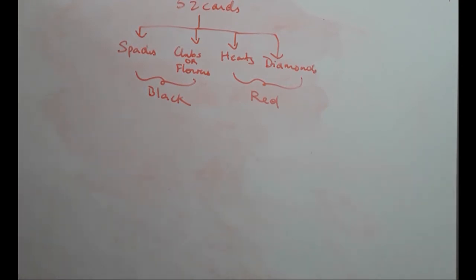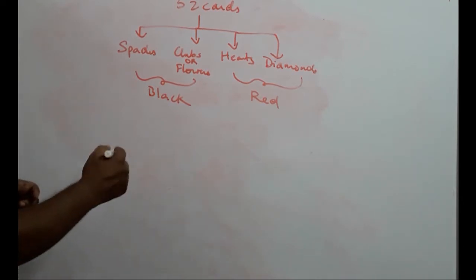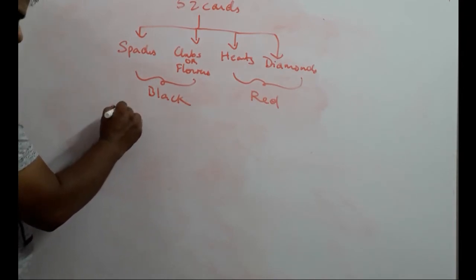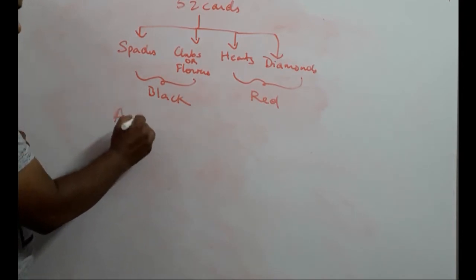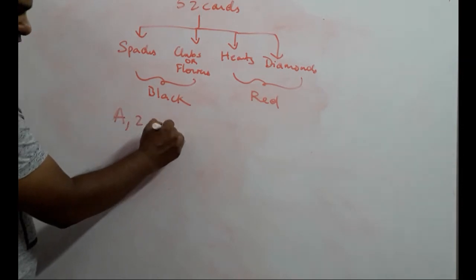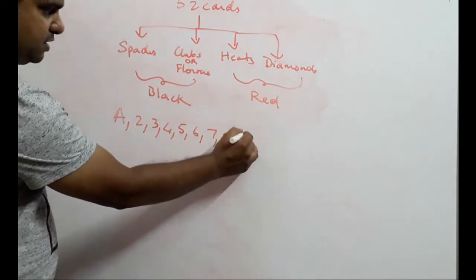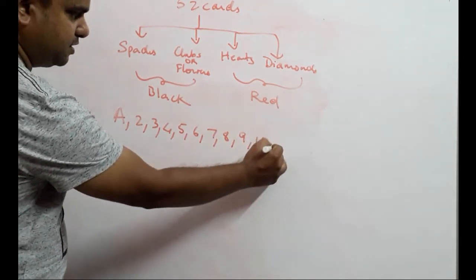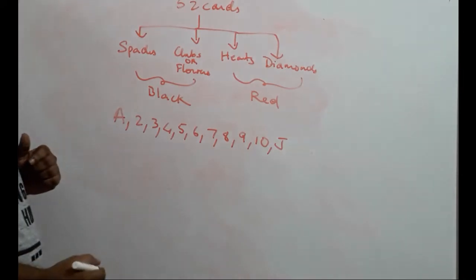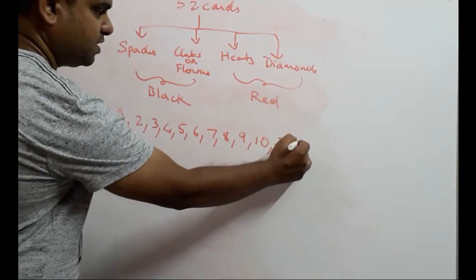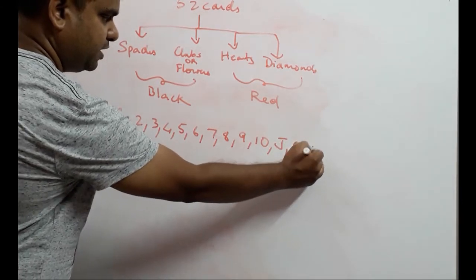Which are those 13? We'll list them down over here so that it will help us to solve card type problems in the future. So there is no 1, but there is an ace. Then there is 2, 3, 4, 5, 6, 7, 8, 9, 10. This is jack, not joker. Remember, there is no joker in a pack of cards.